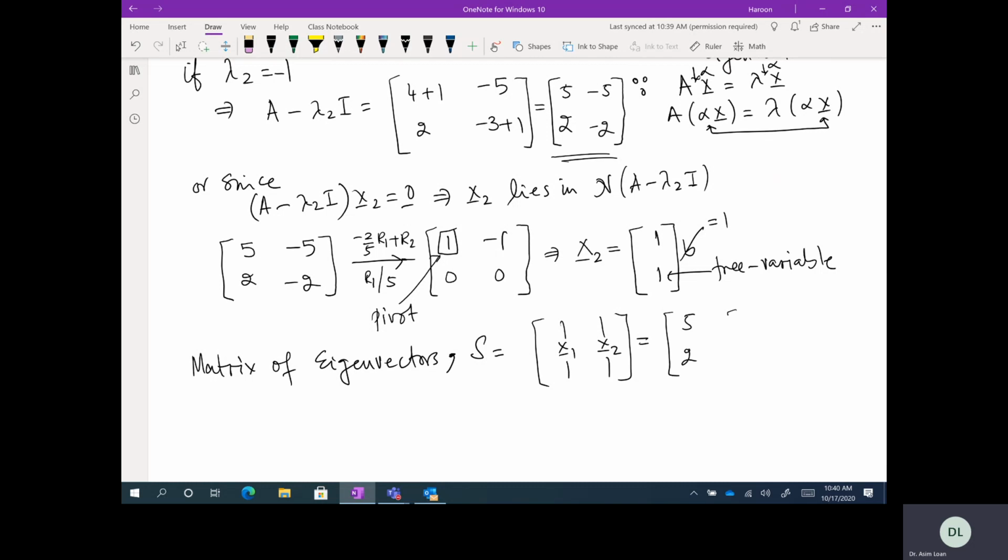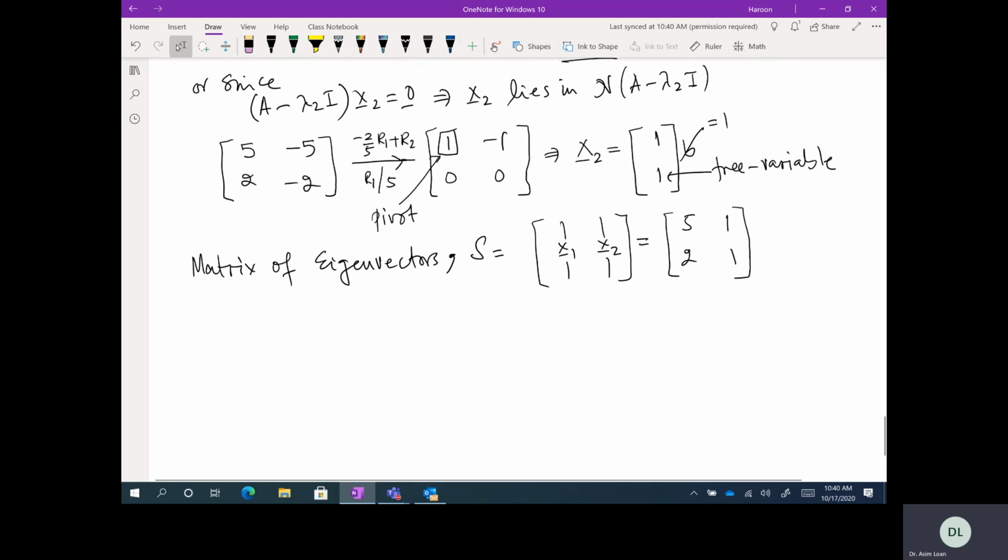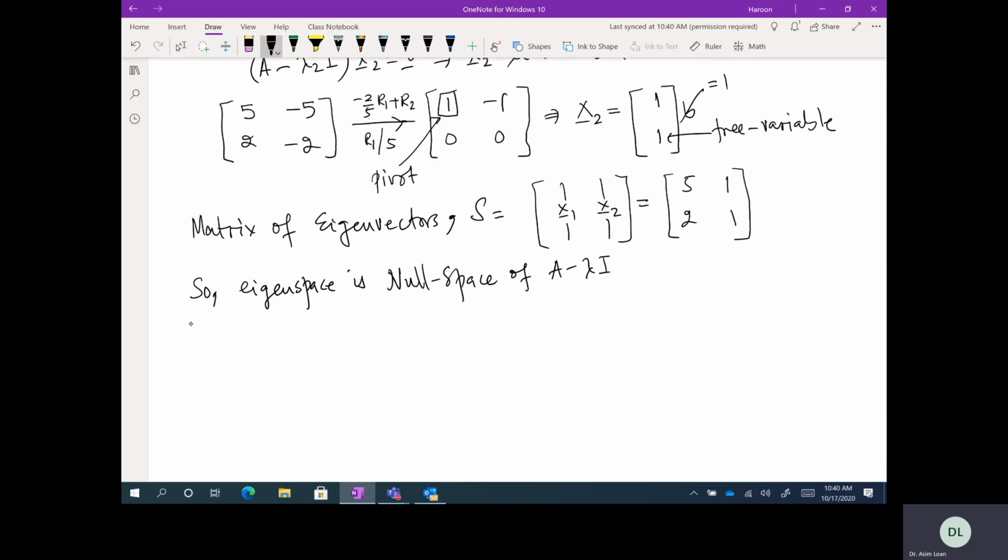So this is some matrix X, the matrix of eigenvectors, and we will see in a little while why we need this one. The eigenspace is the null space of A minus lambda I.